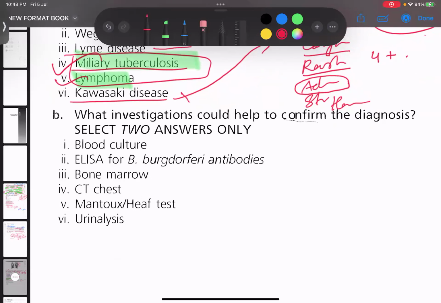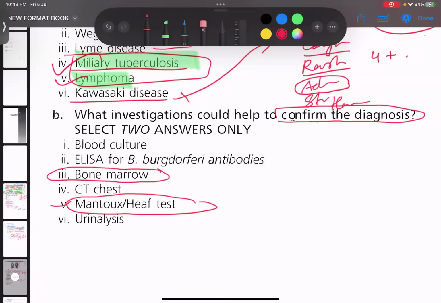What investigation would help you to confirm the diagnosis? Chest X-ray, CT chest. Chest X-ray is already done. Mantoux test. So if we are considering TB, then obviously the first thing is that we'll go with the Mantoux test. What is the second? And bone marrow. Okay. You're considering bone marrow to exclude lymphoma. Yes, ma'am.